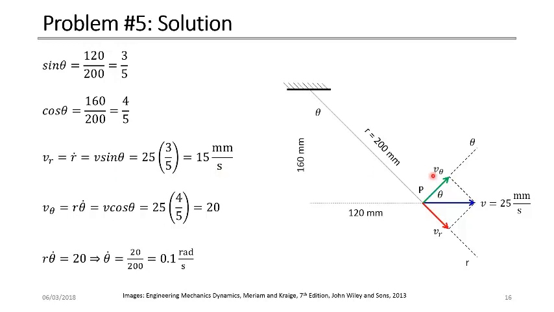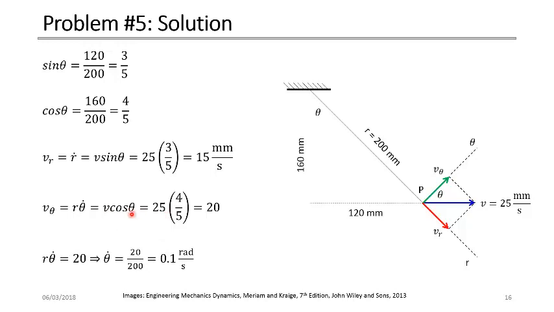If we calculate the second component, V sub theta is equal to V cosine theta. The V sub theta in the r theta coordinate system is equal to R theta dot. So R theta dot is equal to V cosine theta.